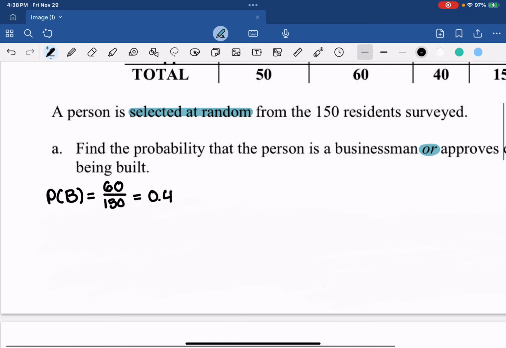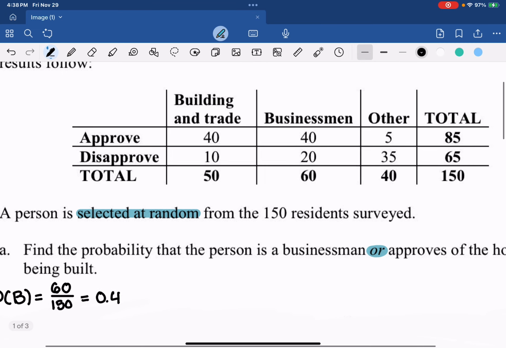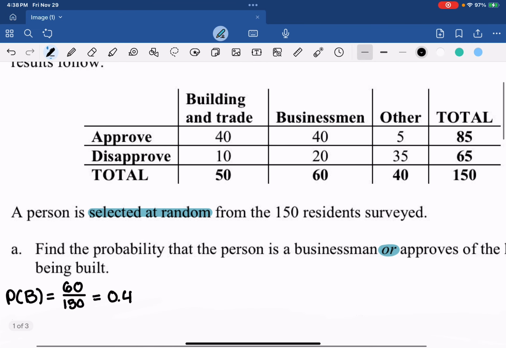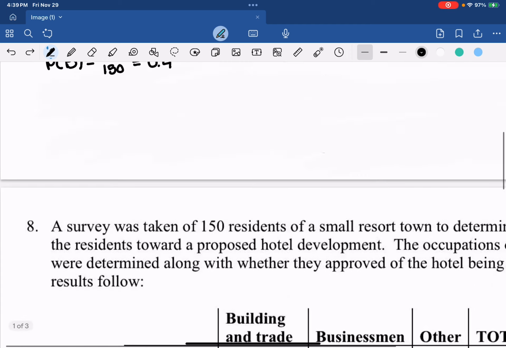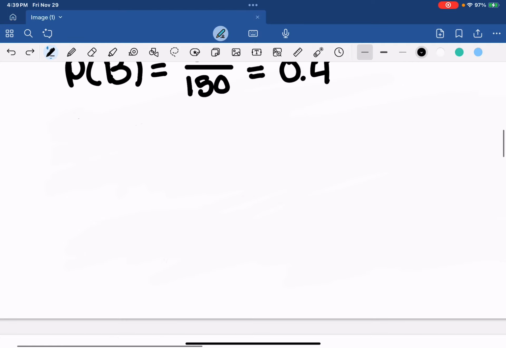Right? Okay. So now that we have businessmen, it's also asking about approving of the hotel. So we have approve right there, and we have a total of 85 people that approved of the 150. So we drop down here again, and we're going to abbreviate A for approved.